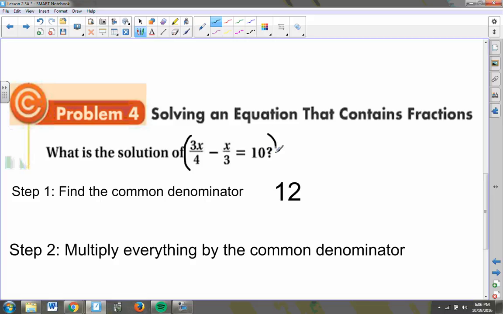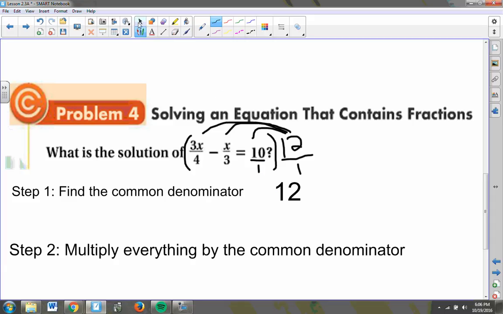So I'm going to put everything in parentheses, put a big 12 out here, and then multiply every single piece of my equation by 12. I'm going to make it 12 over 1, and I'm going to make the 10 into a fraction as well, just so that our life is a little bit easier multiplying these fractions.